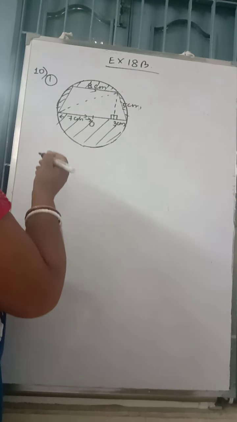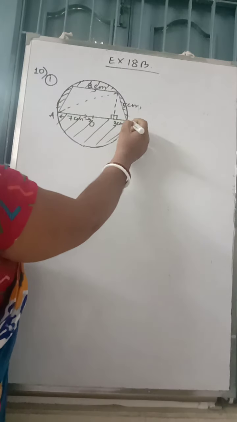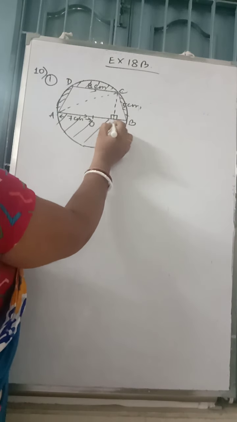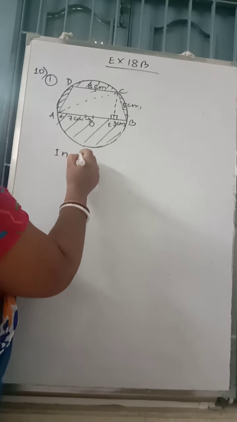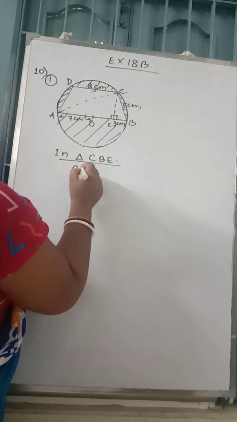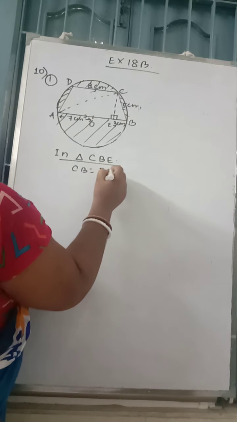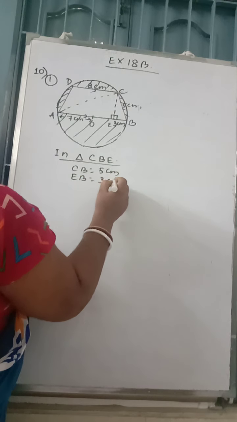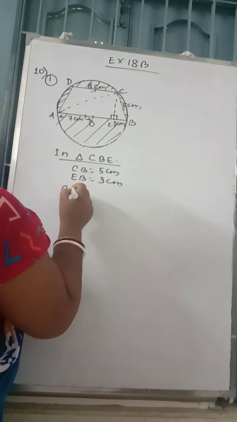For your convenience, you can give the names A, B, C, D, E. So in triangle CBE, CB is 5 centimeter, EB is 3 centimeter. So what would be CE?